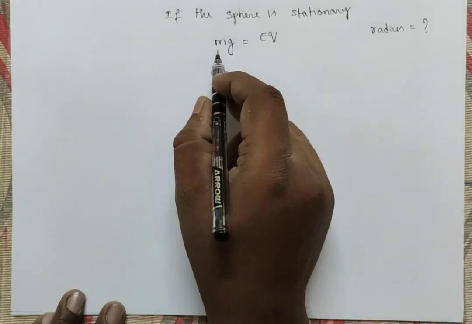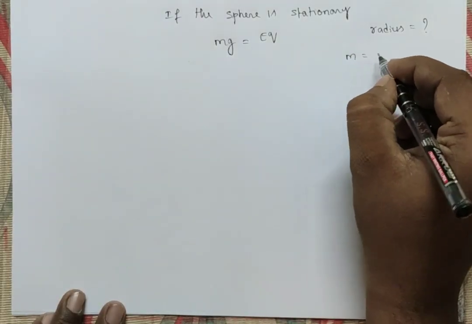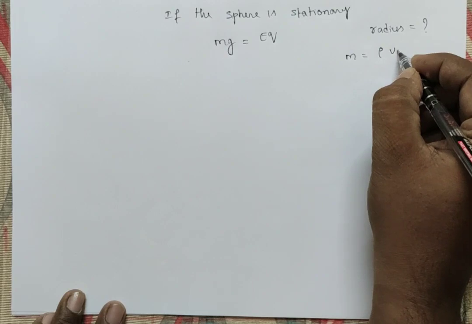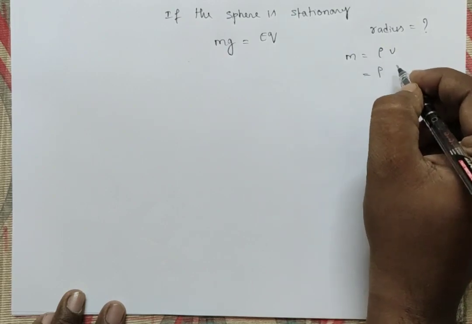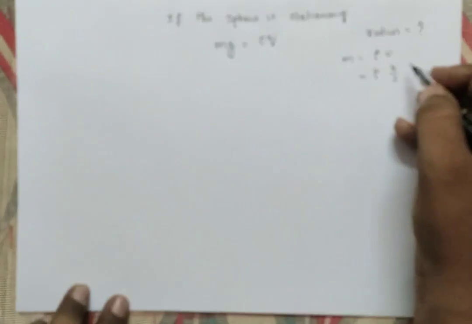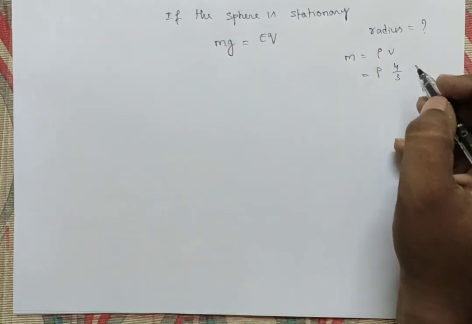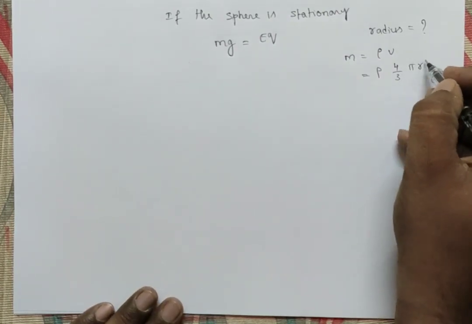For the radius, we write the mass m as density times volume. Density is rho, and the volume of a sphere is 4 by 3 pi r cube.